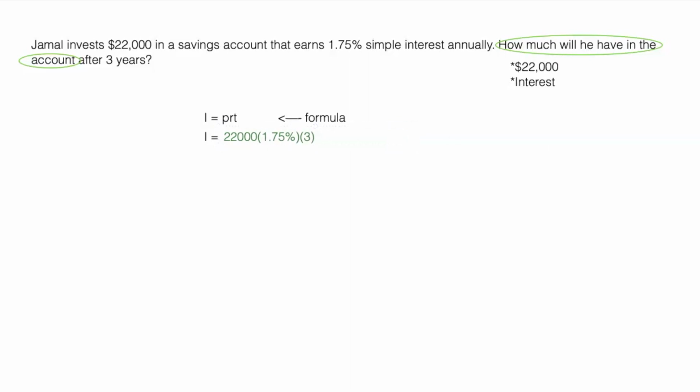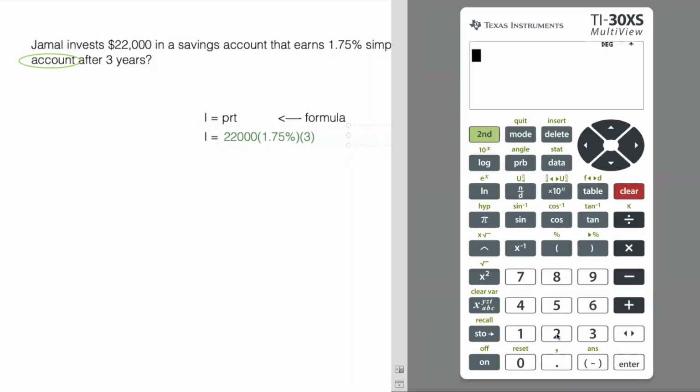Beautiful. Okay, and then on the calculator, 22,000 with no comma and parentheses, 1.75, and then second green button, and then the percent, and then close parentheses, and then open parentheses, 3, close parentheses, enter. 1,155.